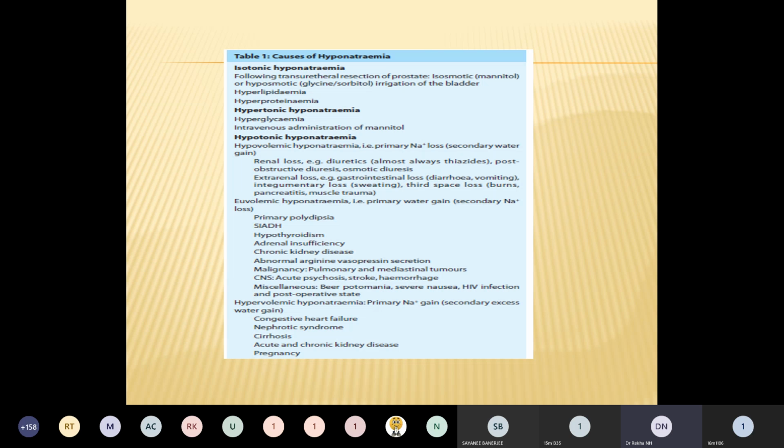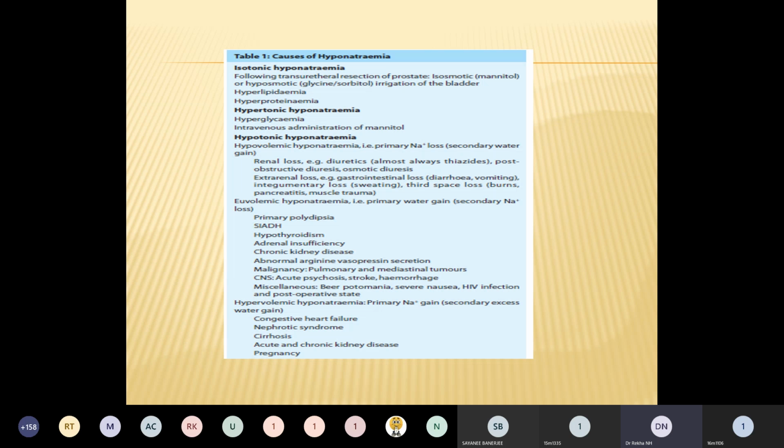Euvolemic hyponatremia is a primary water gain, where the water gain is more than the sodium loss. The common causes are SIADH, hypothyroidism, and adrenal insufficiency.